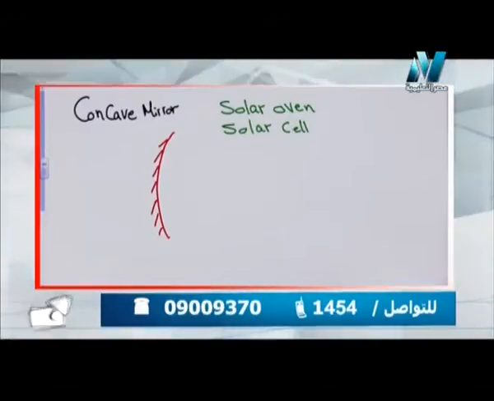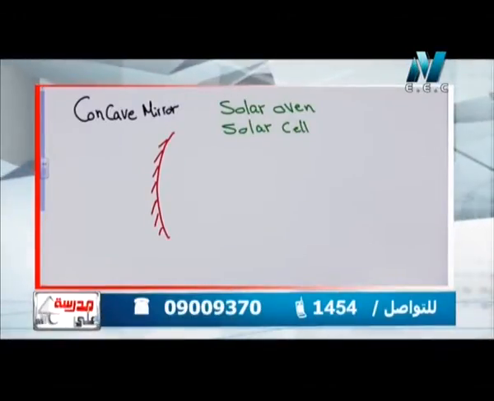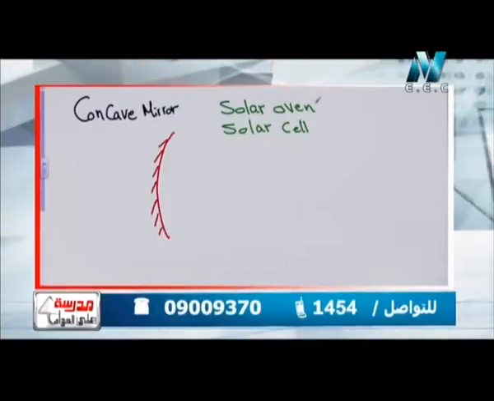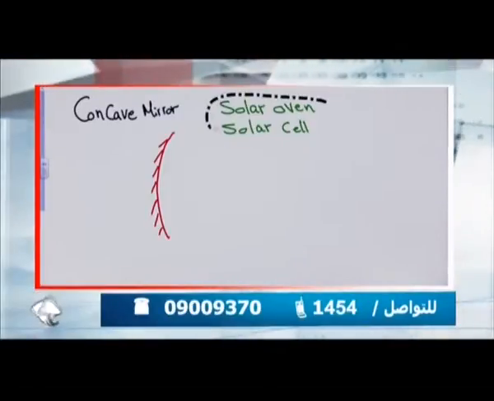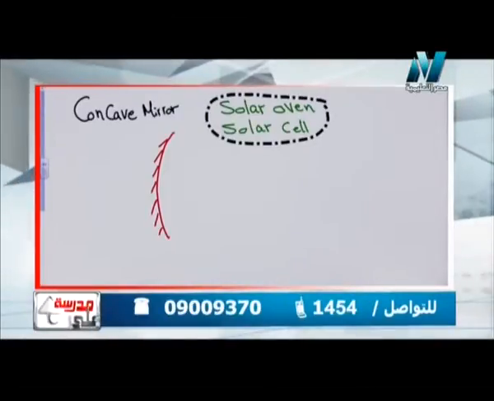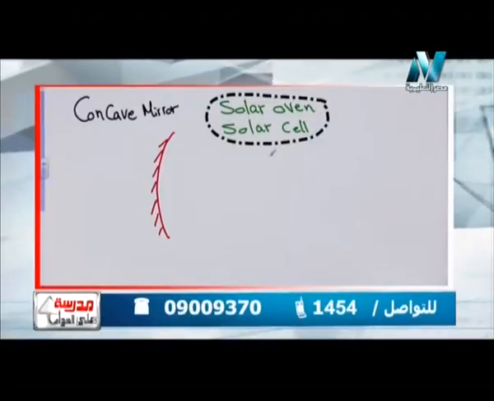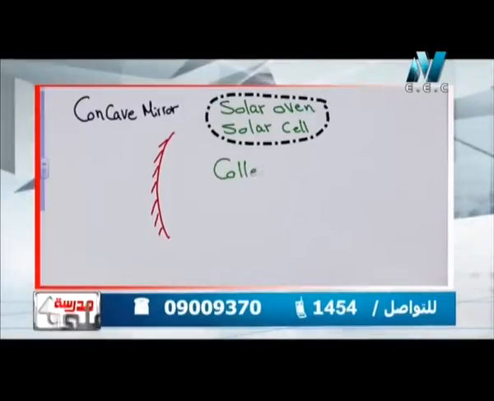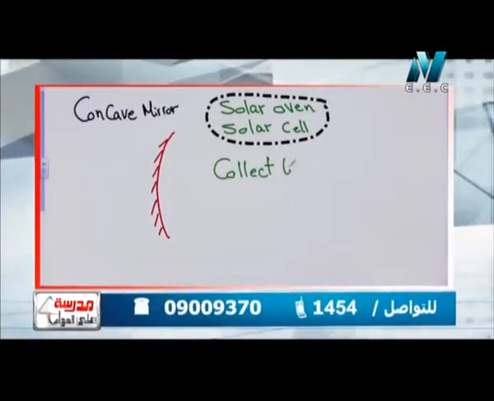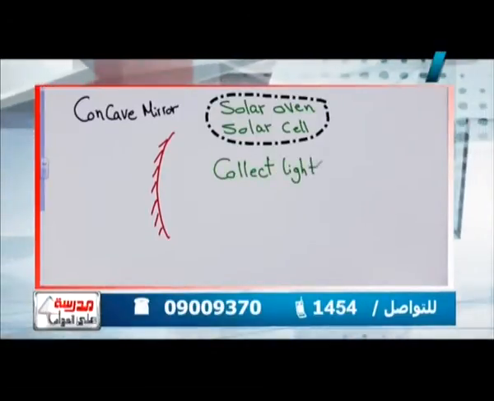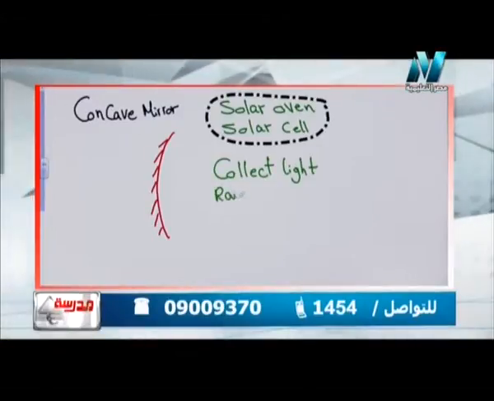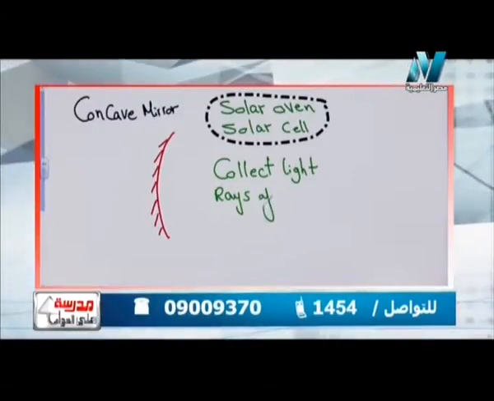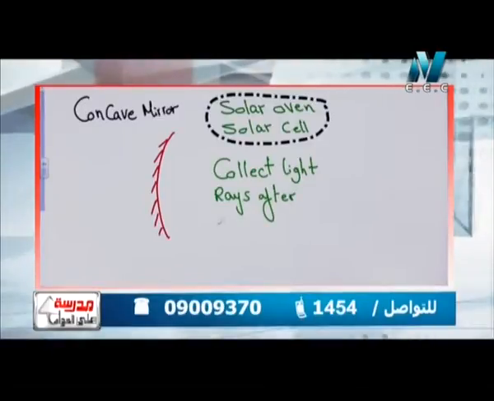So, give reason for: why do we use a concave mirror in a solar oven or solar cell? Because a concave mirror collects light rays after reflection.